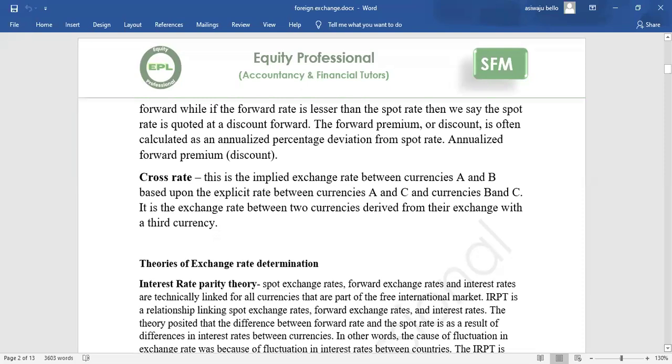This is the implied spot rate between two currencies based upon the explicit relationship with the third currency. When we say cross rates, it is the exchange rate between two currencies based on the explicit relationship with the third currency.